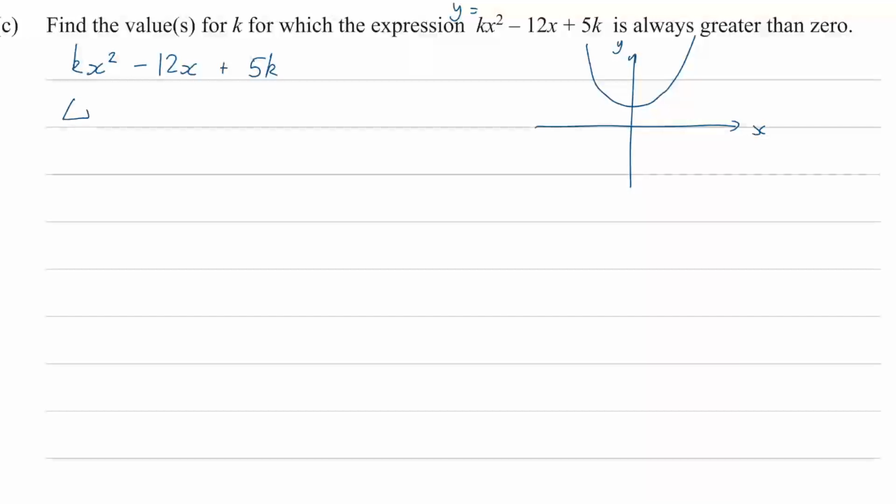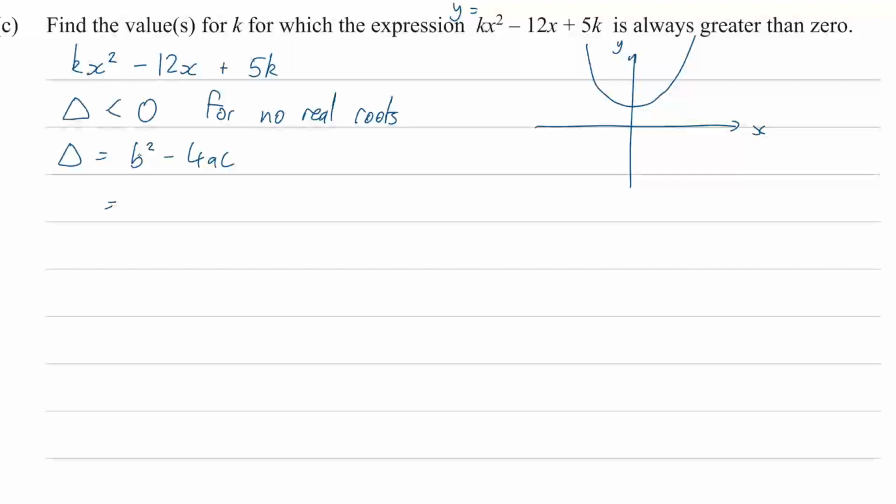So we could say the discriminant must be less than 0, or no real roots. So the discriminant, if you recall, is b squared minus 4ac.